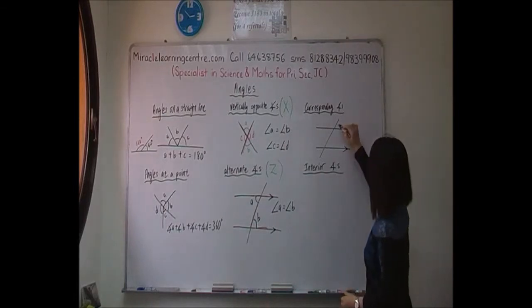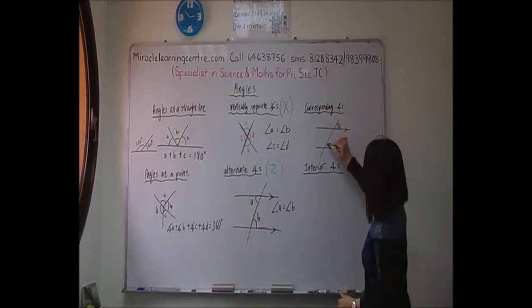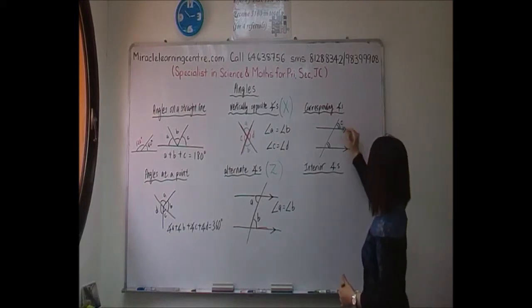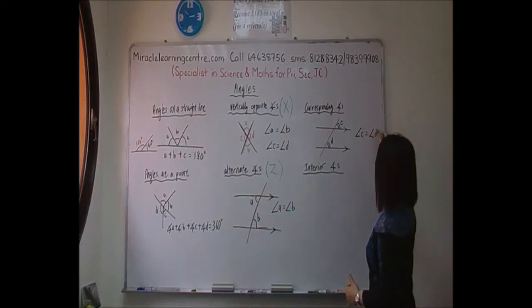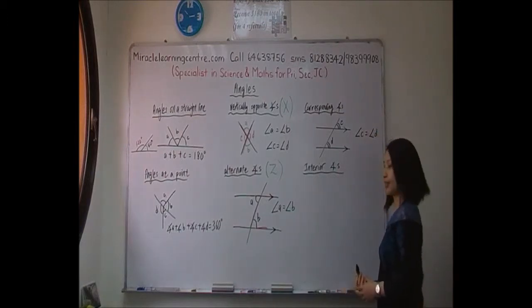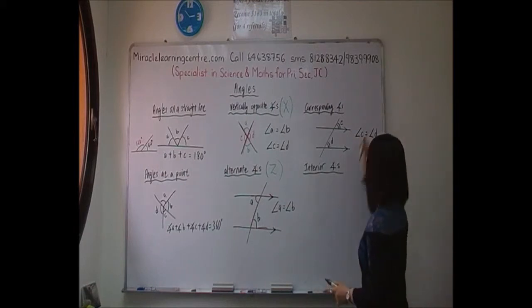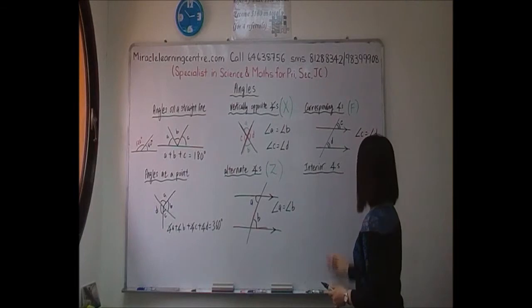Let me show you an easier one. This one will be equal to this one. These are corresponding angles. Let's call them C and D. Angle C will be equal to angle D. So what do I look out for? I look out for the letter F. And where's the letter F? F is over here. Can you see?